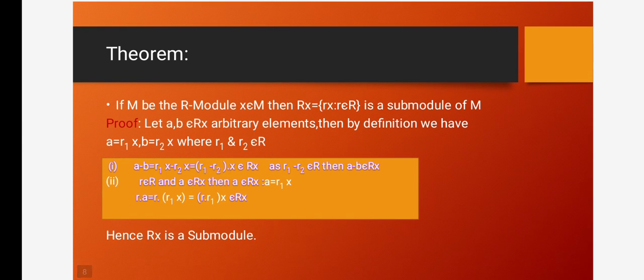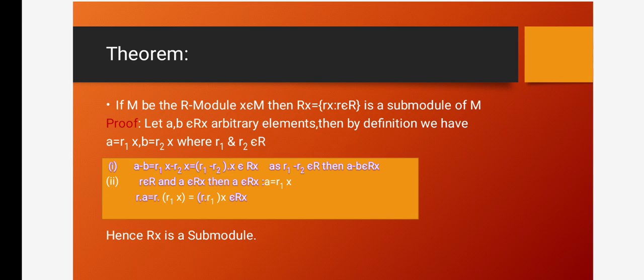Let us see the theorems. The theorem statement is: if M is an R-module and x belongs to M, then R dot x, which is the set of r times x such that r belongs to R, is a submodule of M. Here we have to show that R dot x is a submodule of M. That means we have to show that R dot x satisfies two properties: a minus b belongs to R dot x, and second, r dot a belongs to R dot x.